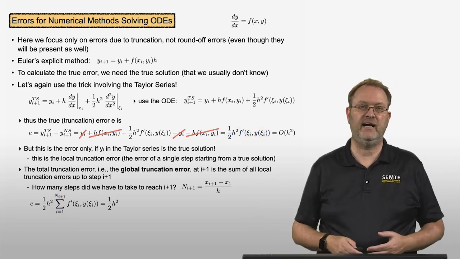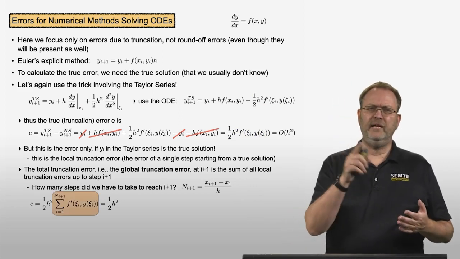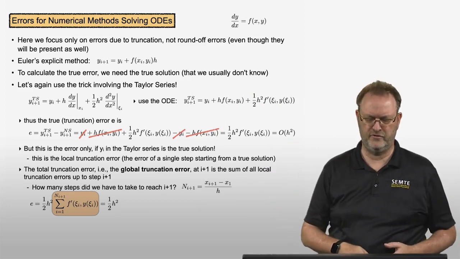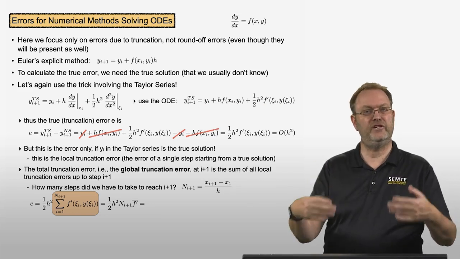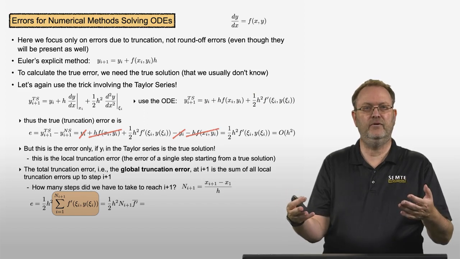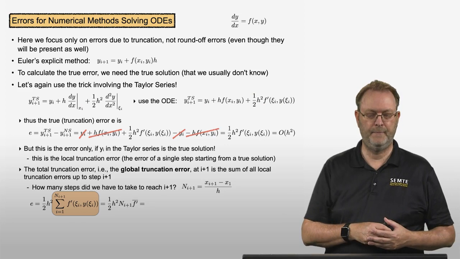So that's a half h squared times. Now what is this? Well, I'm summing up different f prime values over all these separate intervals. So let me call this an average value of f prime, right? And it's an average value if I divide this by the number of terms that I sum up.